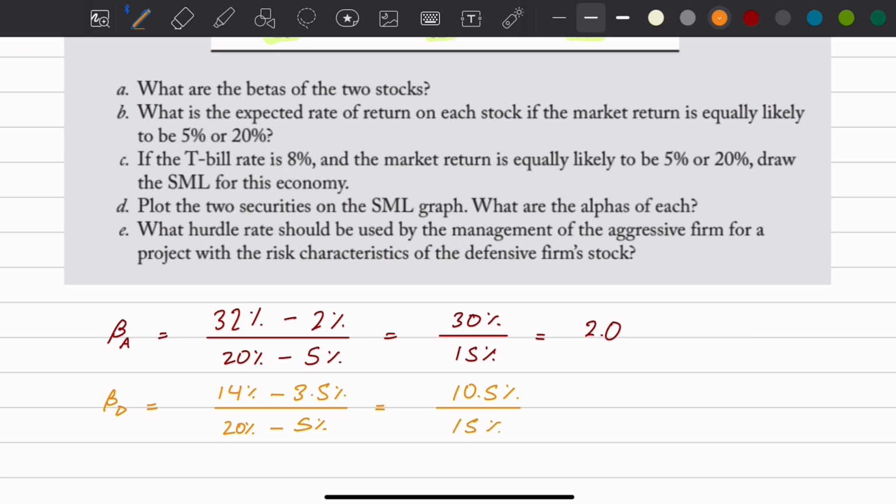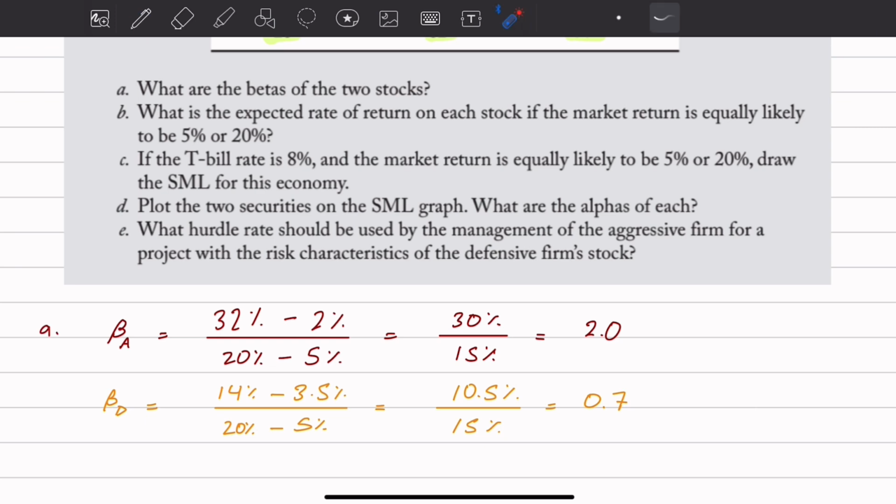Now we're going to need a calculator. 10.5 divided by 15, and that would be 0.7. And that's what's required for part A.